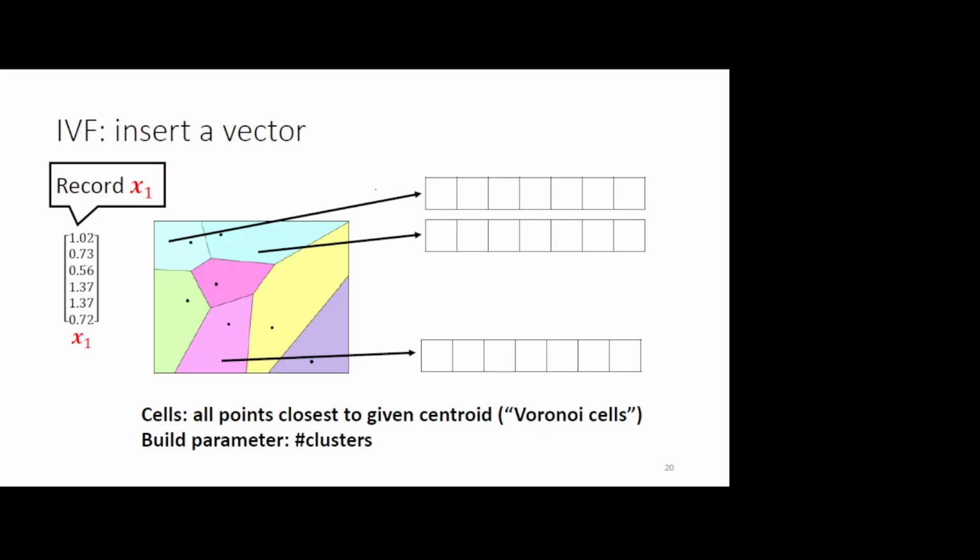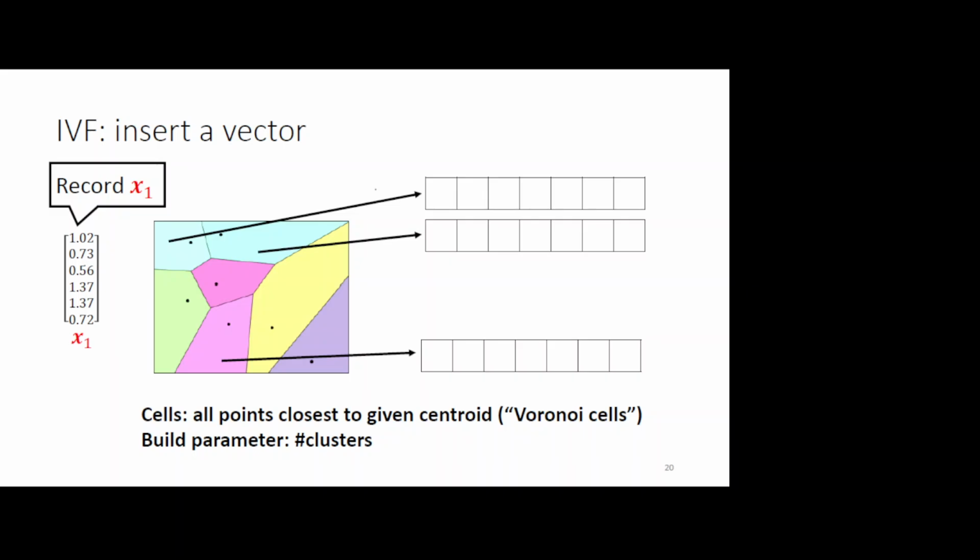You just compute the distance between it and all the centroids to find which one has the smallest distance. Suppose this centroid has the smallest distance to x2. This means x2 is located in this region, so you store the x2 ID in this bucket. Okay, any problems? So that is how we add our data.